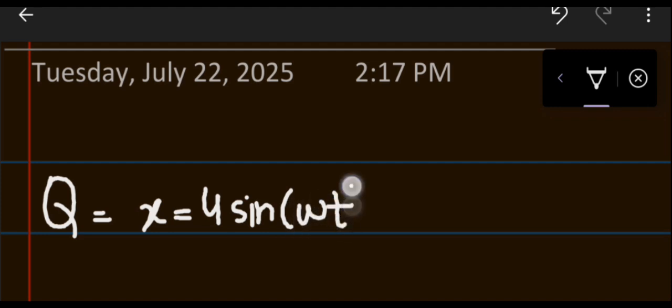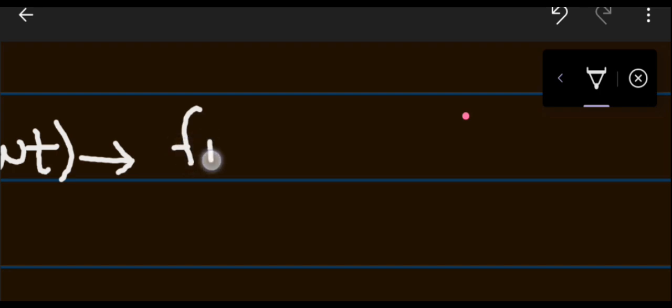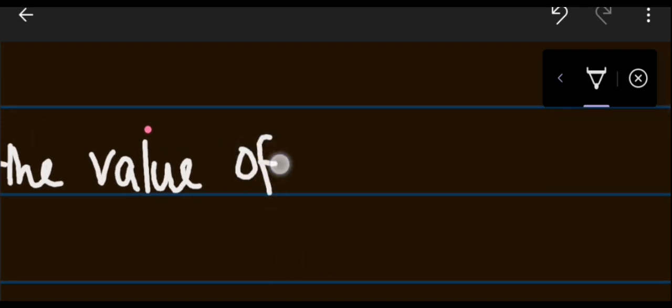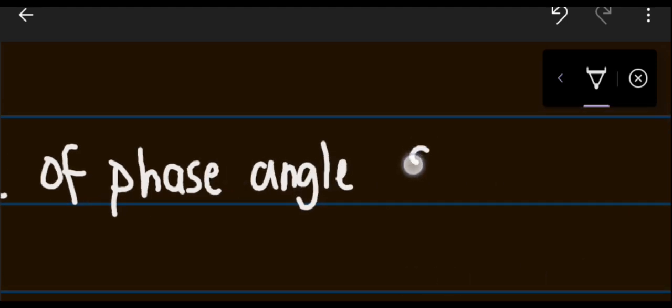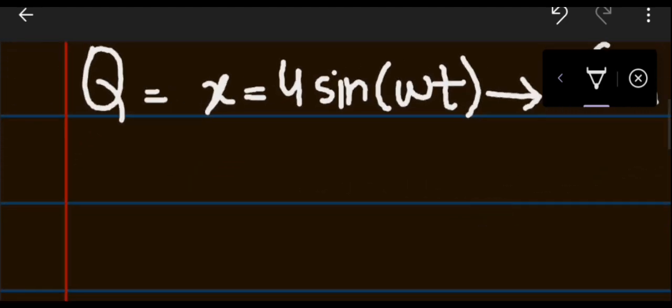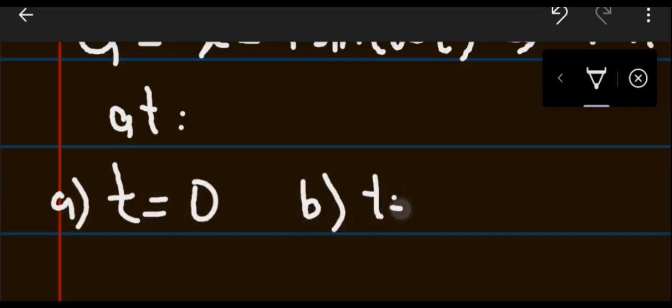Now this is the equation which is given. Find the value of phase angle and x, where x is the amplitude, at different times. At A you have to find it when time is 0, then at B you have to find it when time is T by 4.